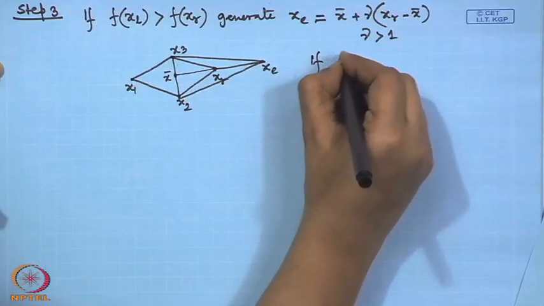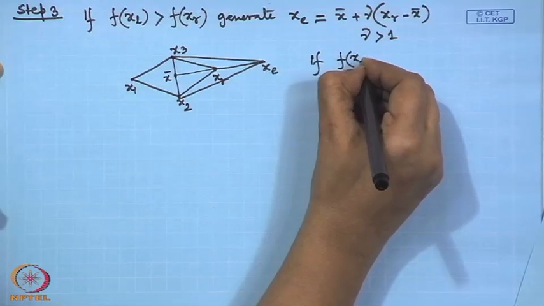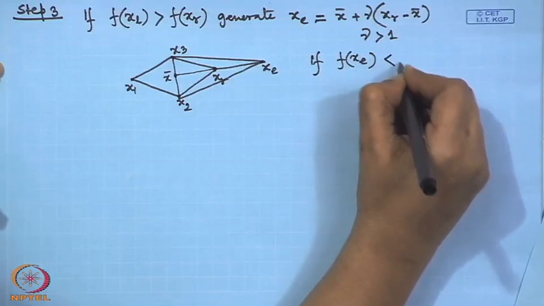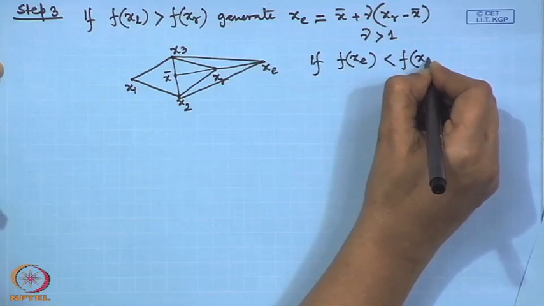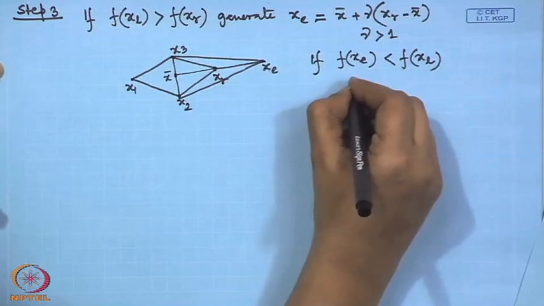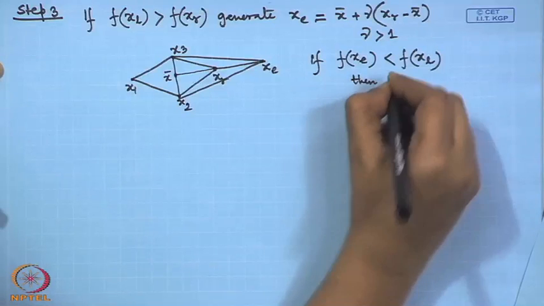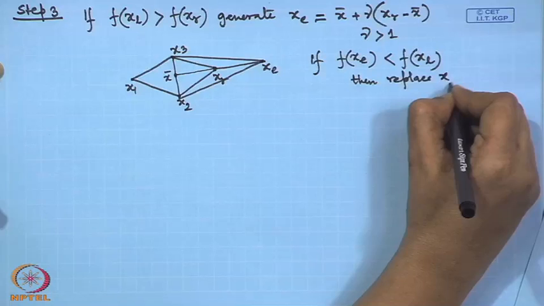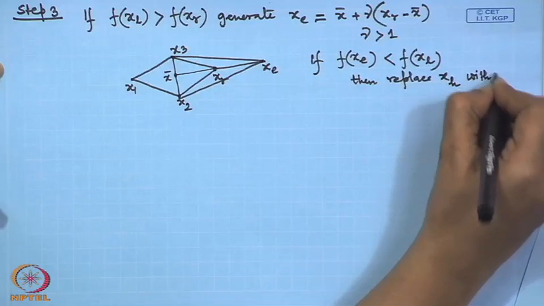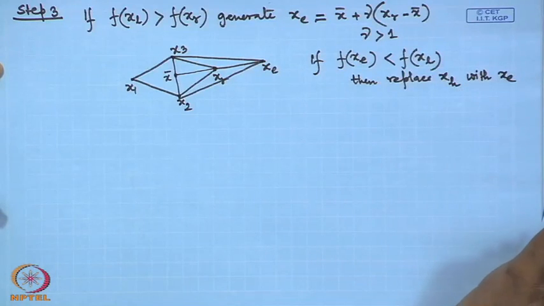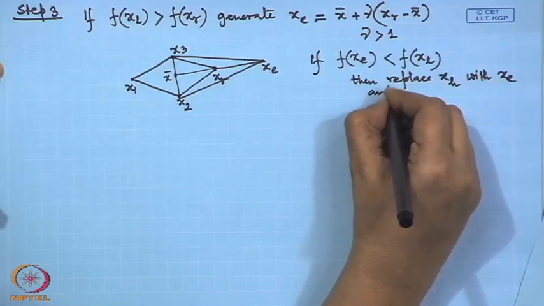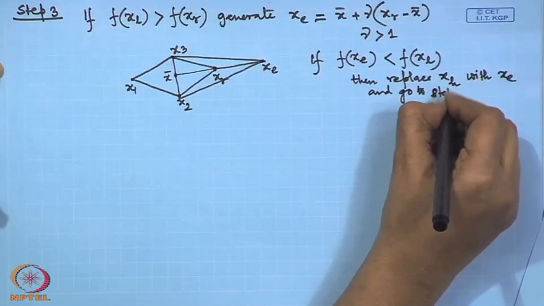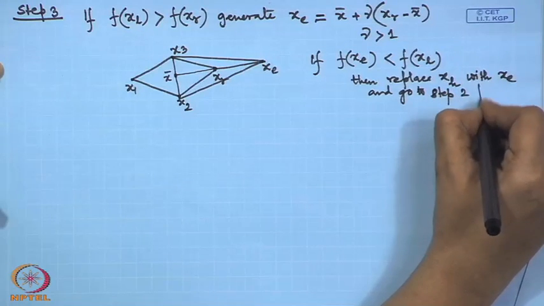After that, we will calculate the functional value at xc, at the expansion point. If we see this is lesser than fL, then replace xh, the higher value always will be replaced with the better one, and go to step 2 for further reflection process.